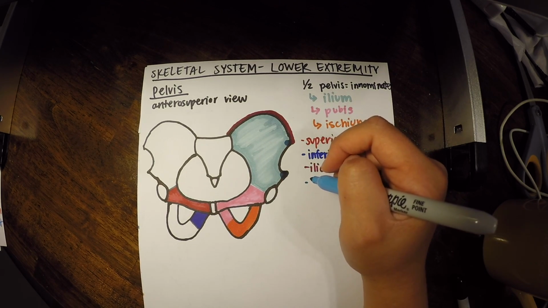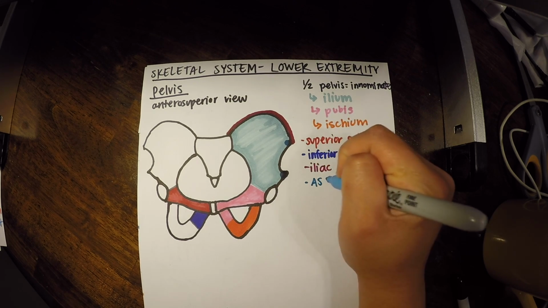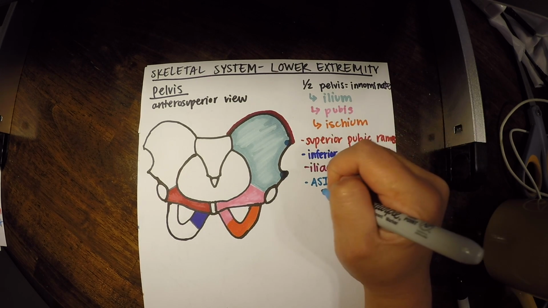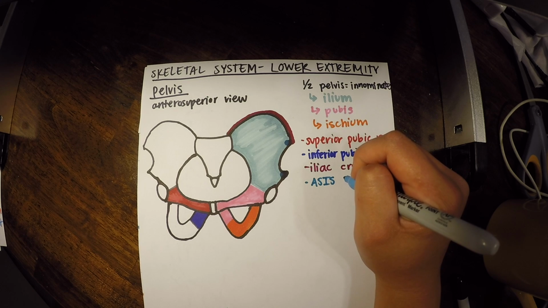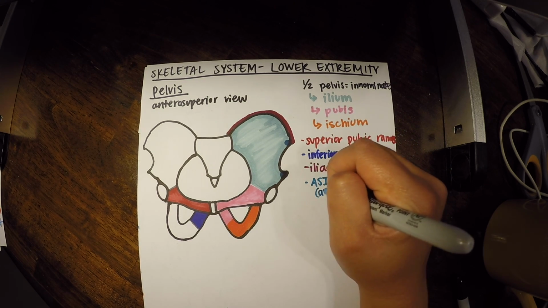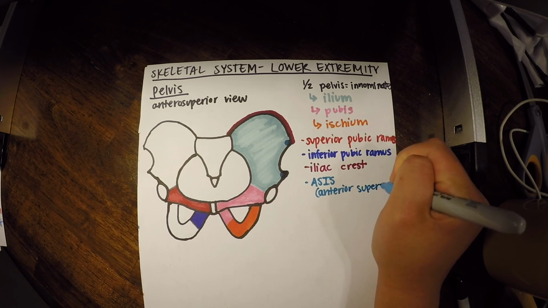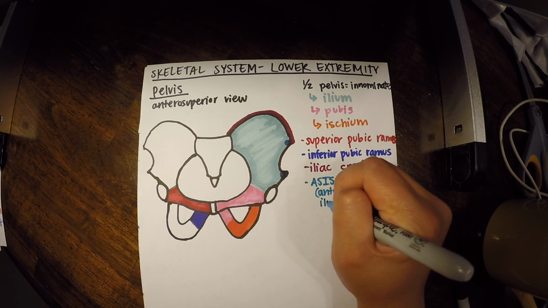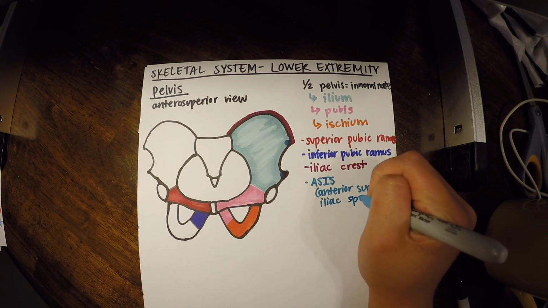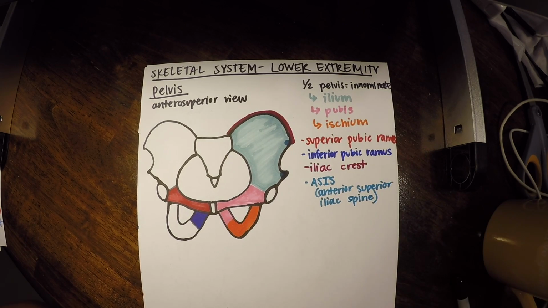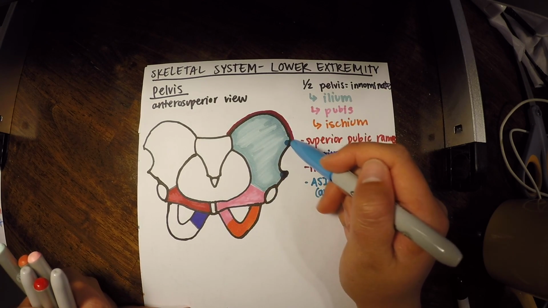So we have ASIS, which is anterior superior iliac spine. And whenever we're talking about spines in the pelvis, it really just means like a little pointy part.